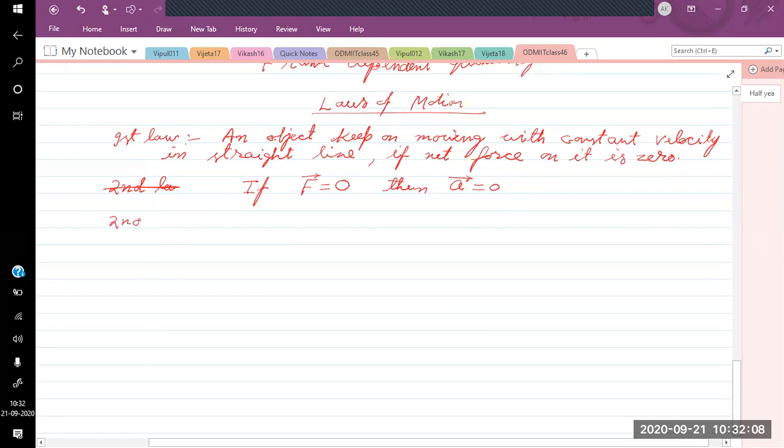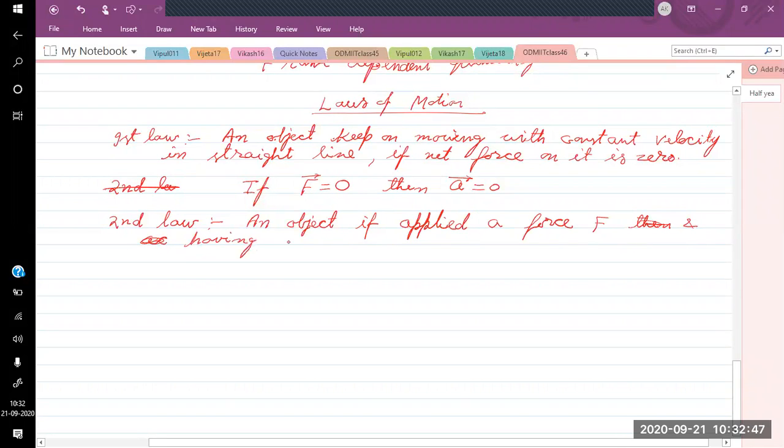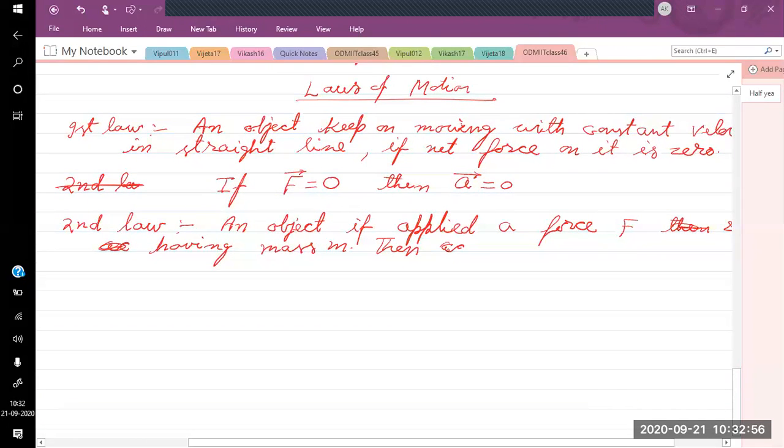Okay, second law. If an object of mass m is applied a force F, then the acceleration of the object is given by F by m.